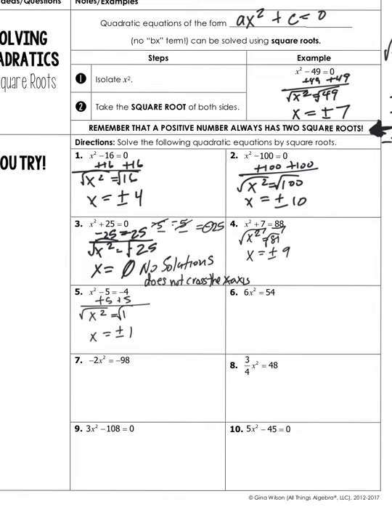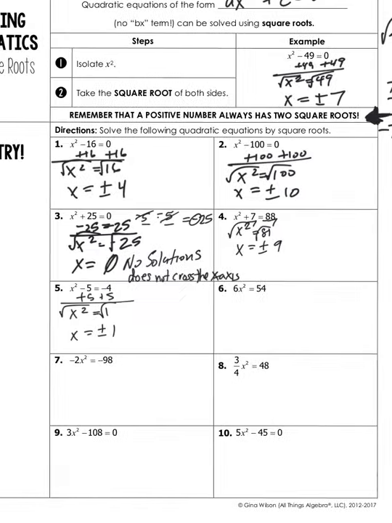Yeah, the square root of 1 is 1, because 1 times 1 equals 1, and negative 1 times negative 1 also equals 1. Number 6, oh, this one we have to divide to isolate the x squared term. And we get x squared equals 9, and then take the square root, x equals plus or minus 3.